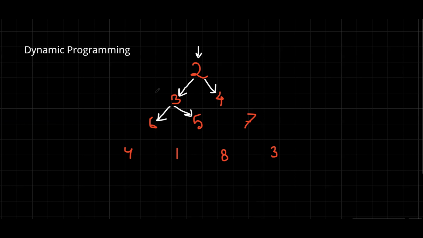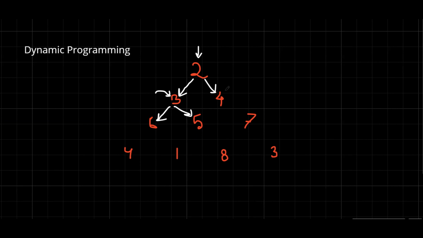Now, when we are at this 3, our problem was: what is the minimum cost to reach the last row from this 3? But when we reach this 5, then our problem is: what is the minimum cost to reach the last row from this 5? So it is a subproblem.